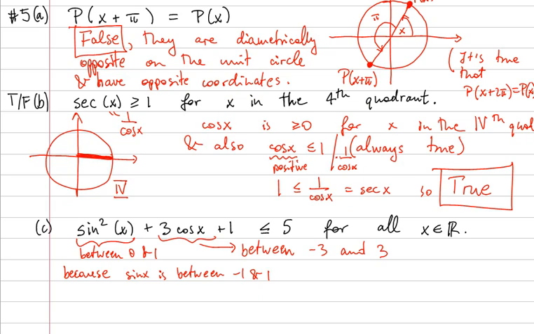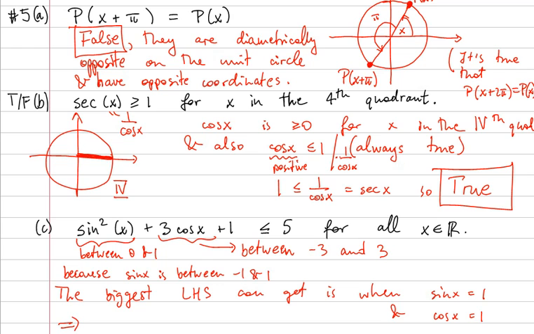So the biggest the left-hand side can get is when sine x is 1 and cos x is 1.